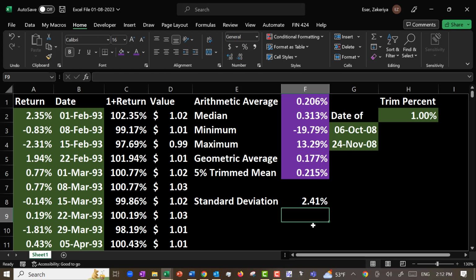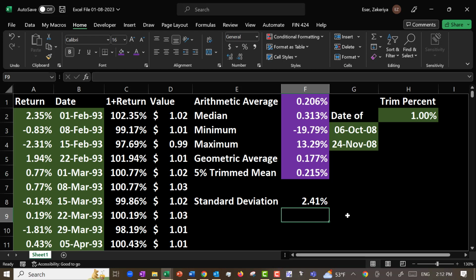Now, that standard deviation actually means something. If these returns have approximately a distribution of the bell-shaped curve, also known as the normal distribution, about 95% of the time, returns would lie within 2 standard deviations of the mean.